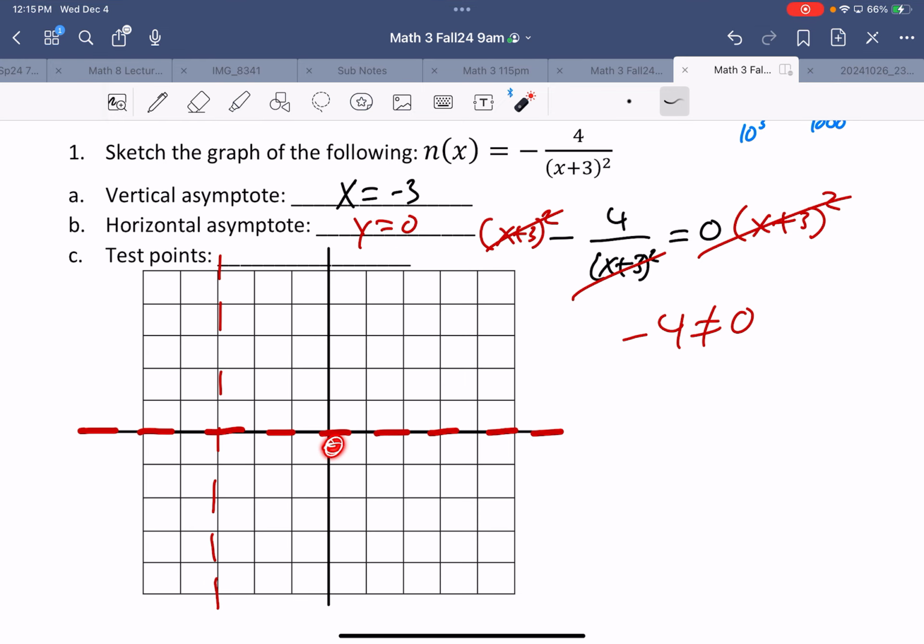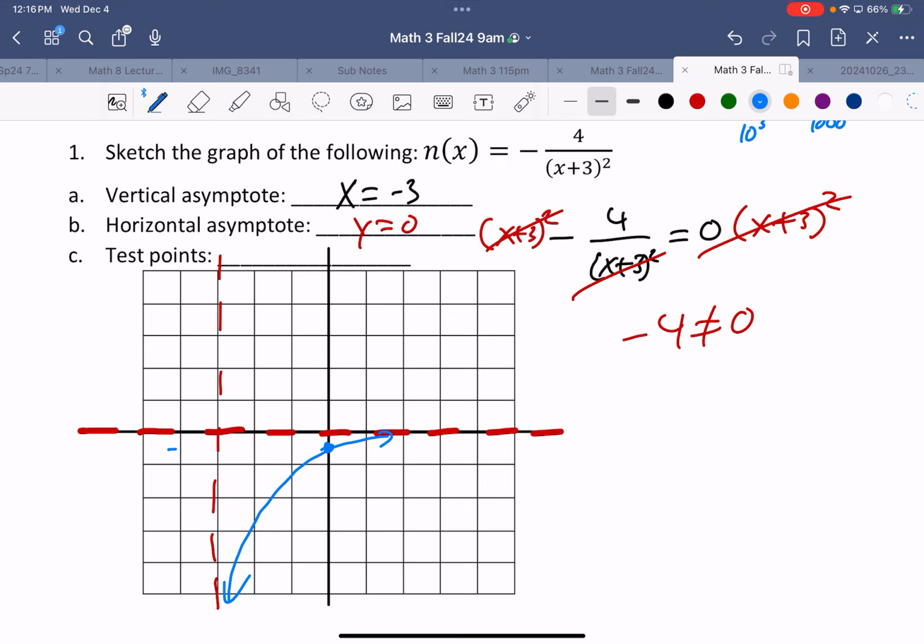Now I have this 0 here. I could plug in. That's going to give me 0 plus 3 is 3, and then 3 squared is 9. So it'll be -4 over 9, which is less than 1, which tells me I am below that horizontal asymptote, meaning my graph is going to look something like this.